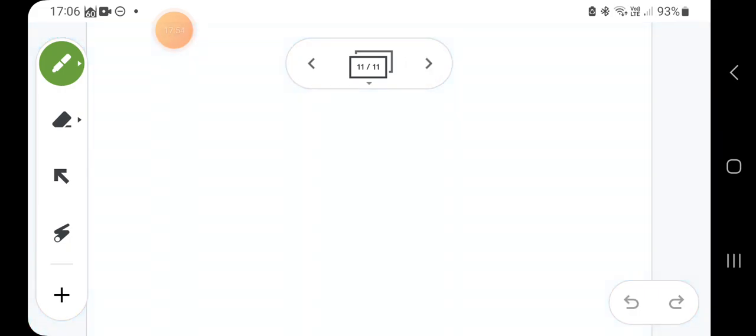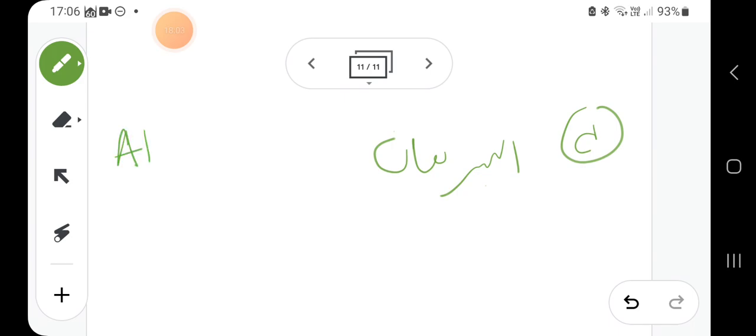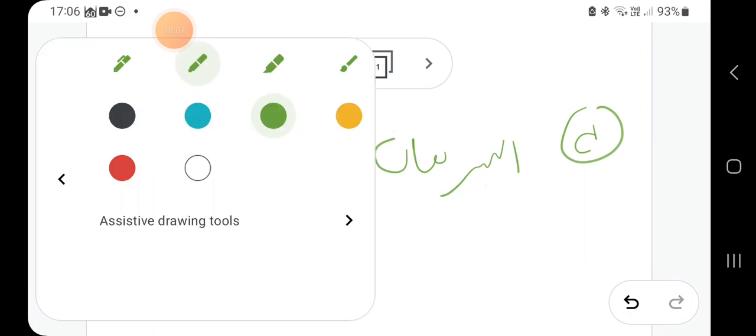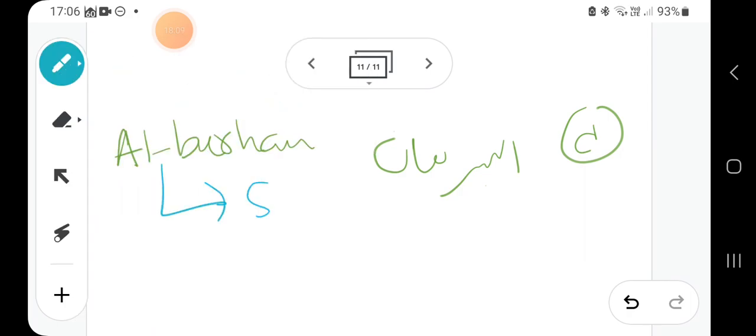And the fourth one, in his sequence, is al-burhan. This al-burhan is sound argument. Sound formal argument is called al-burhan.